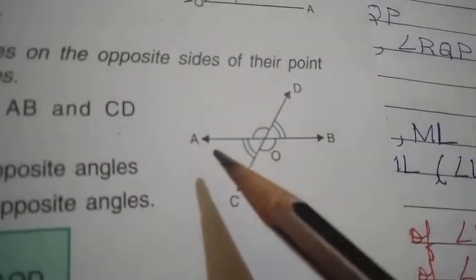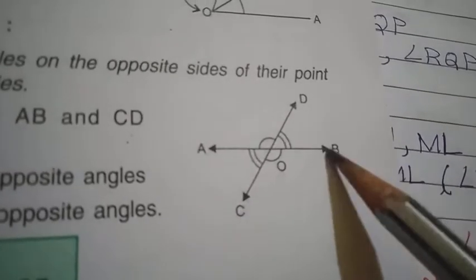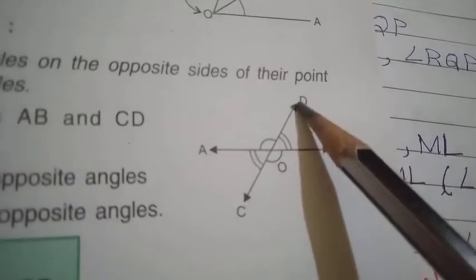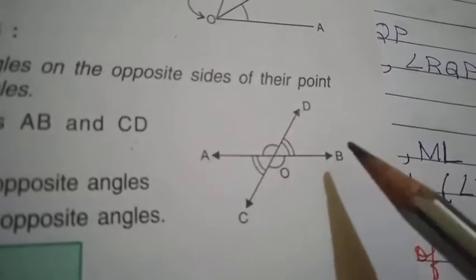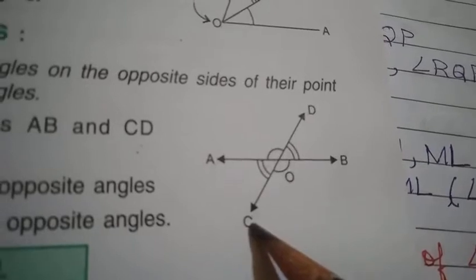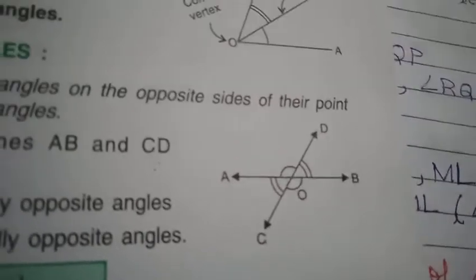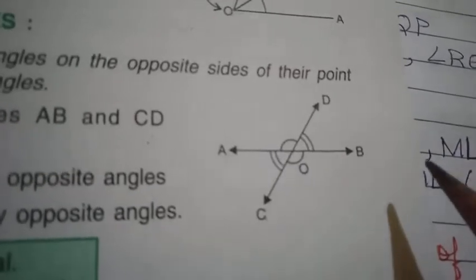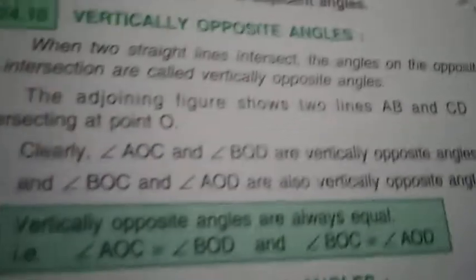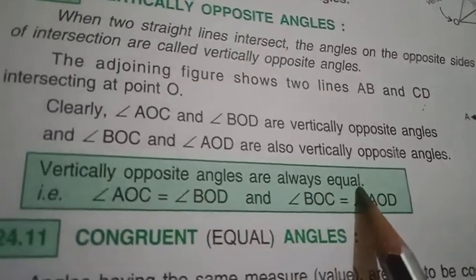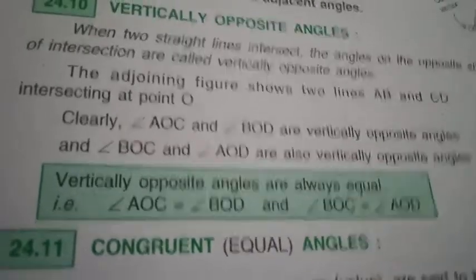So in this figure, angle AOC and angle BOD are called vertically opposite angles. Also, angle AOD and angle BOC are also called vertically opposite angles. Okay. And the most important part is they are equal. Vertically opposite angles are always equal.